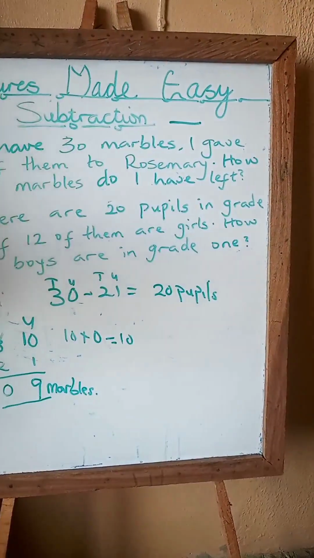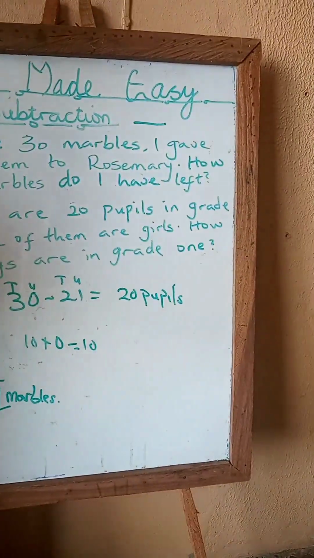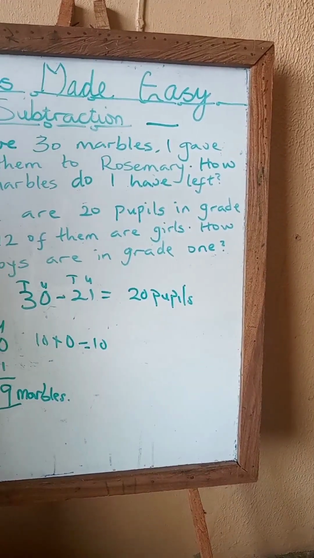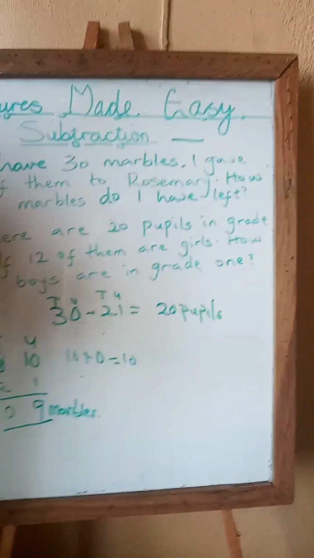All the pupils in grade 1 are 20, but 12 of them are girls. How many boys do we have?